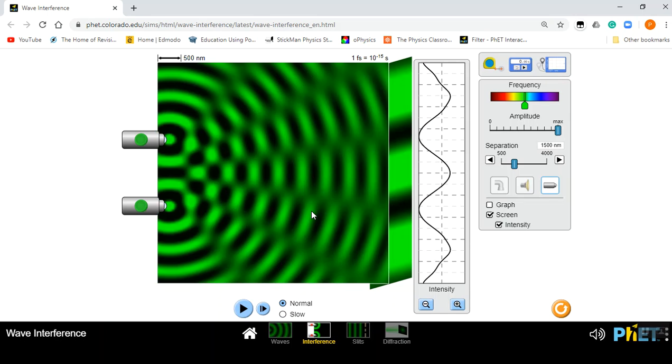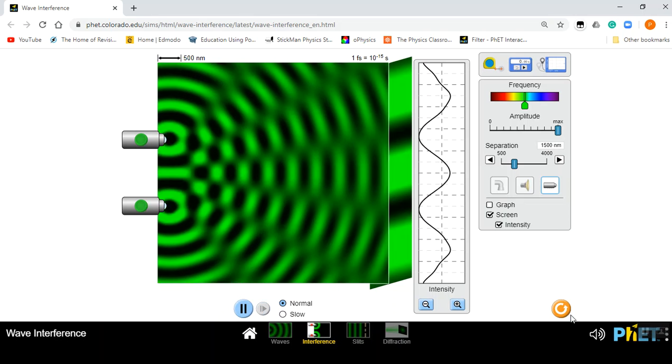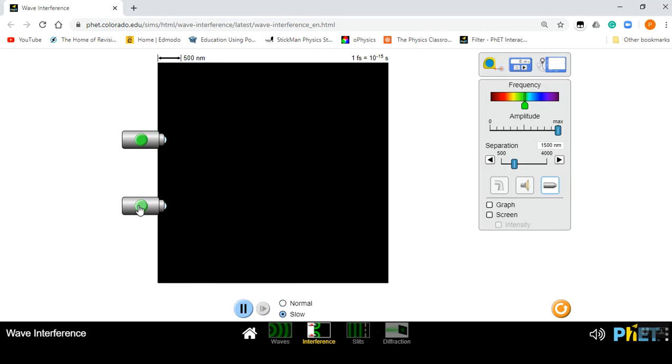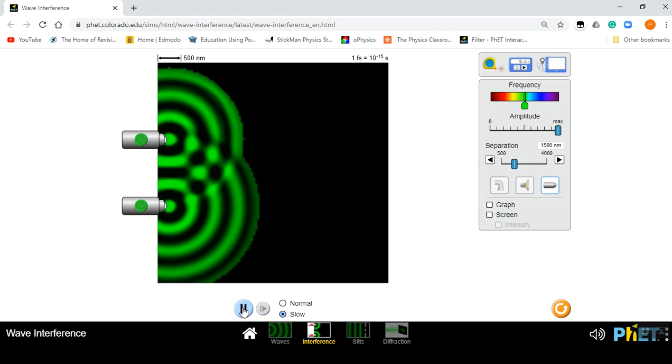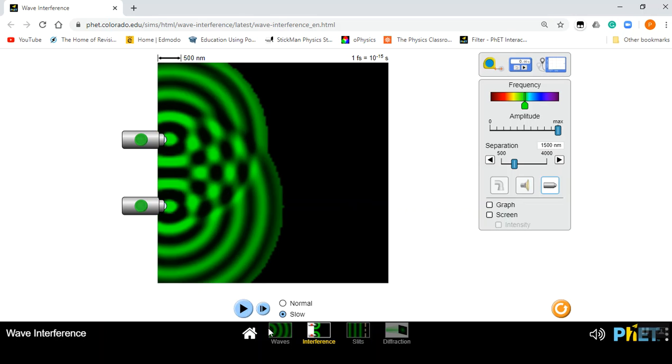So if we pause now and look at the following, I'm just going to restart. If I go slow here and I pause, where do we see constructive interference and destructive interference?